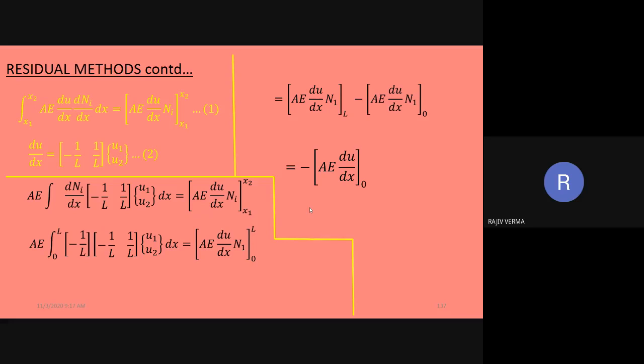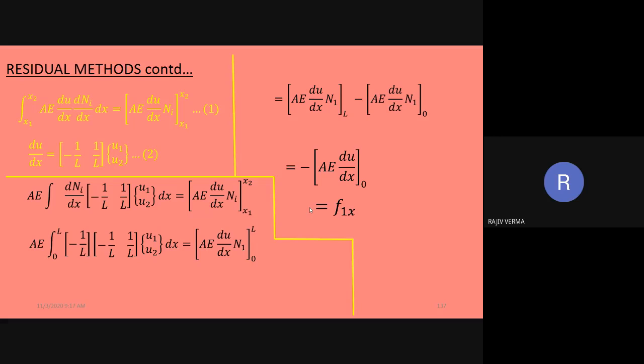And since du by dx represents a strain, which when multiplied by E gives you stress, which when multiplied by A gives you force, the term on the screen now is basically the force at location x is equal to 0. So this becomes F1x.